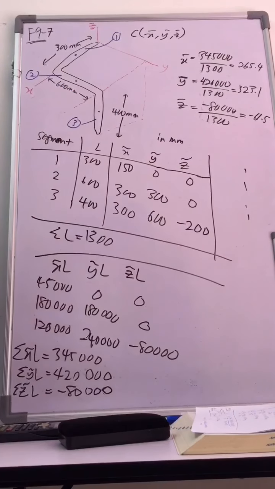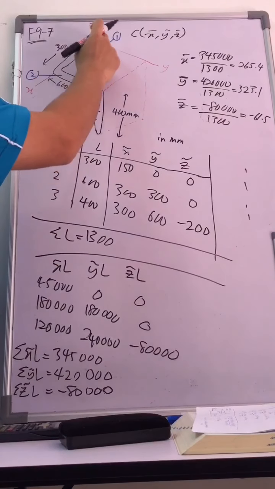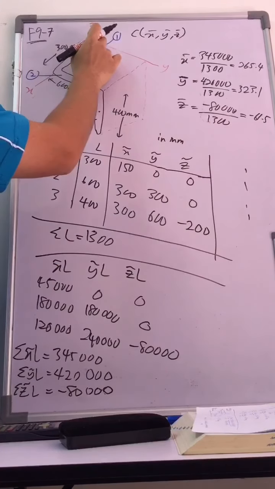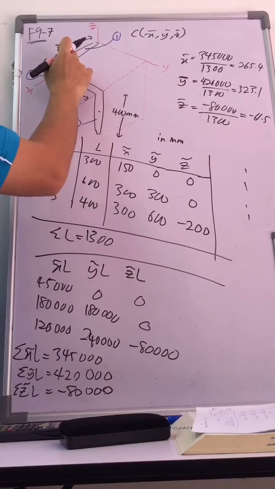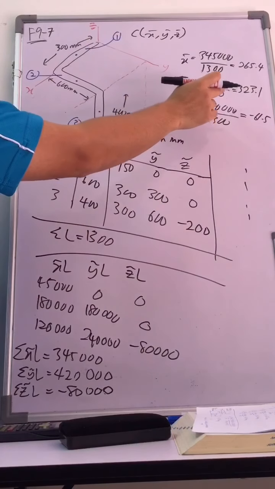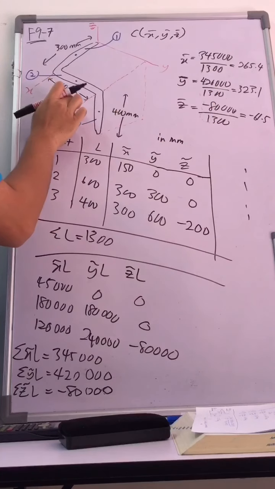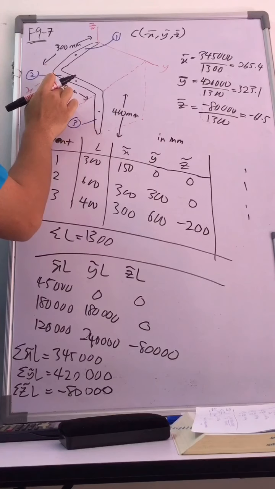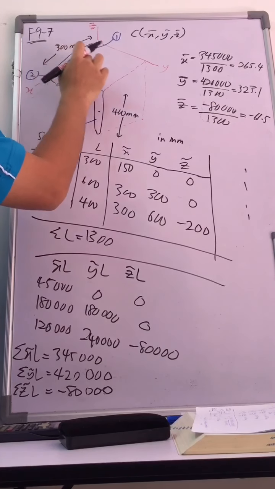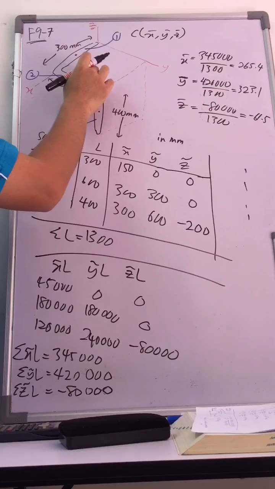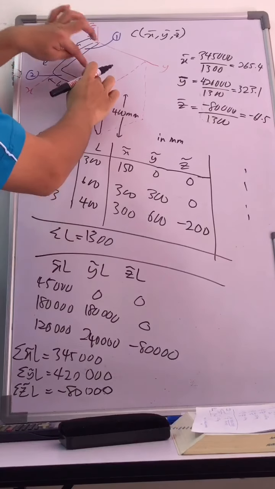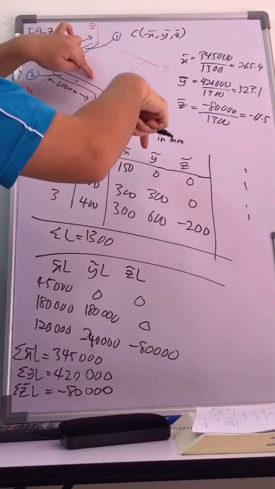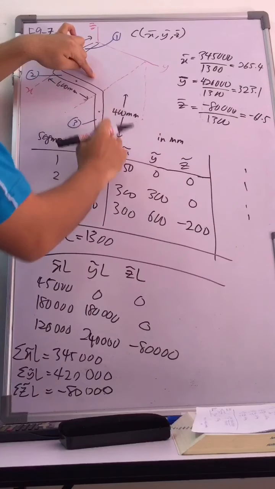So what happened here? You can locate that. 265 for x, so 0 to 300, so it is somewhere here, right? And then y bar 323, so this is 600. 300 is half, 323 is slightly more than that. So it becomes here somewhere, right? And then the z is minus 61.5, so this is 400.